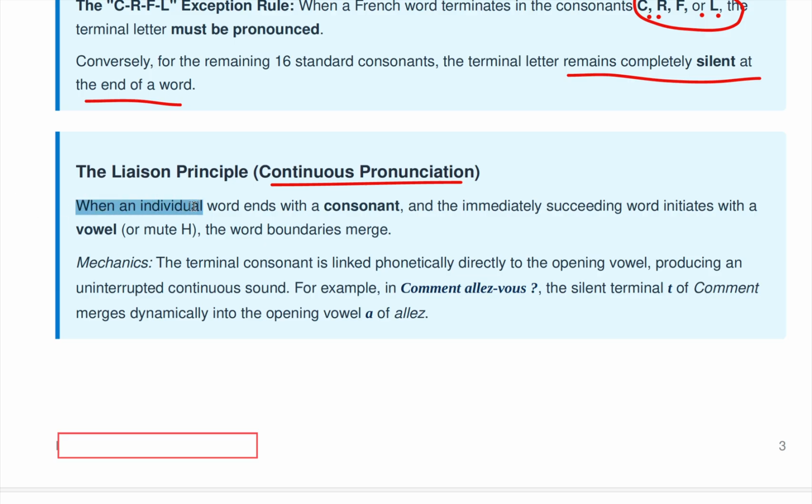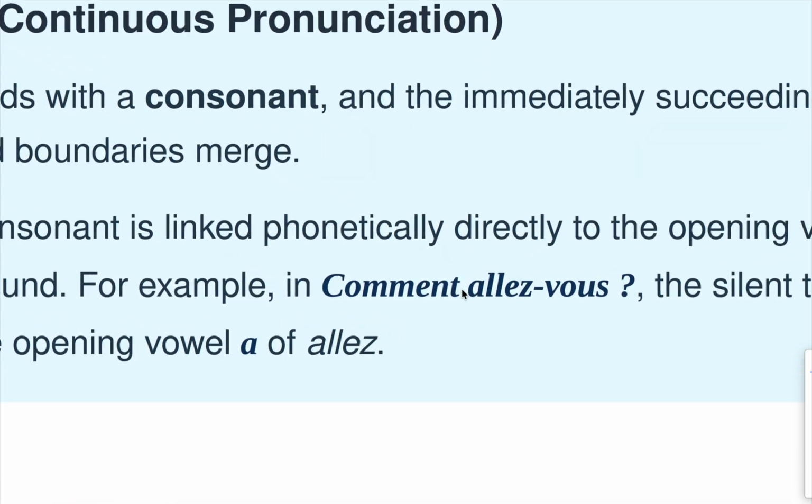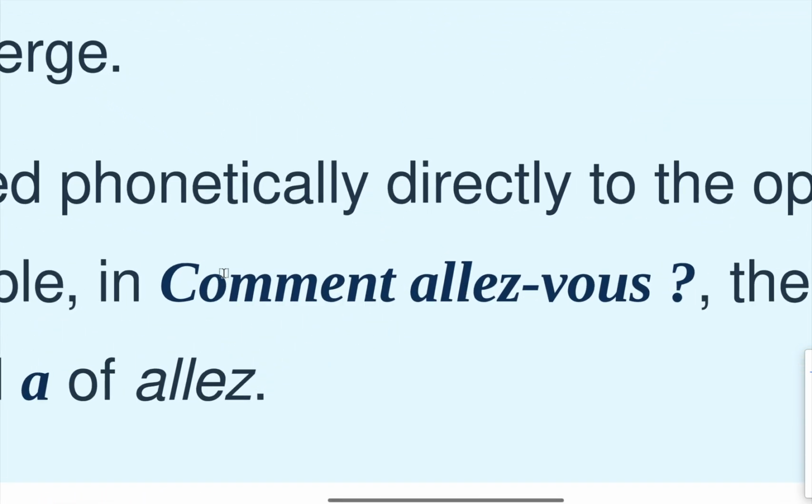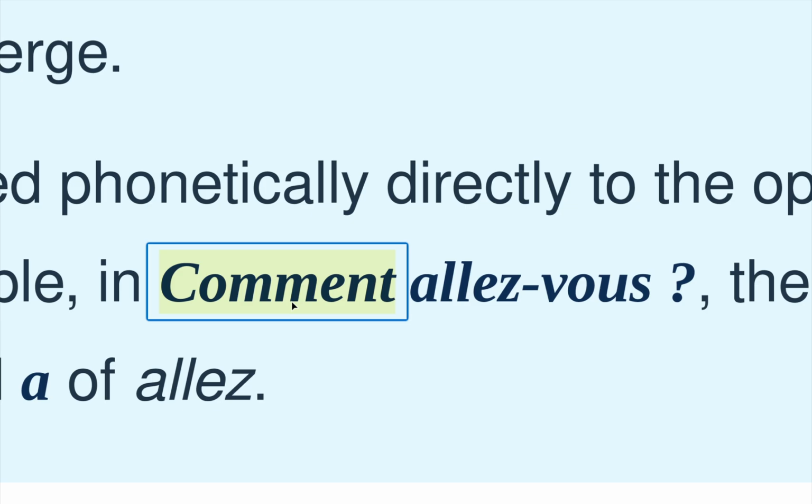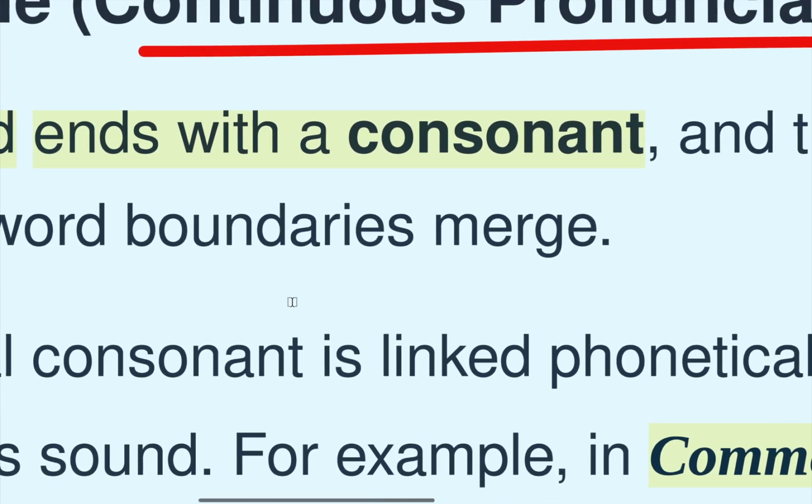When an individual word ends with a consonant, okay, when an individual word, let me give you an example, this is supposed to be an individual word. Okay, this is an individual word, and what does this context say?